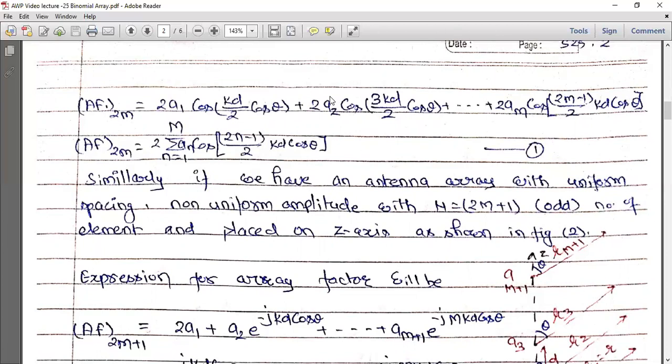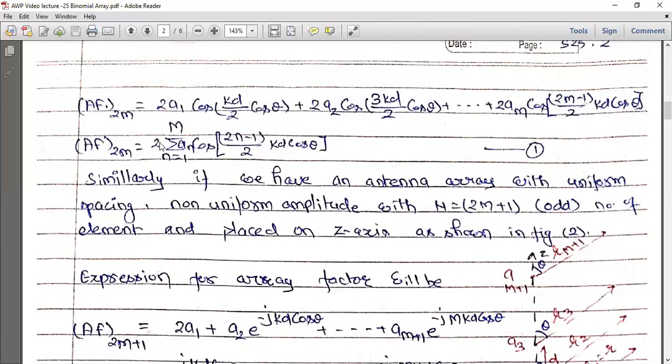the same expression. Now, since 2 is available everywhere in the expression with each and every term, for qualitative analysis, when we think of the normalization of the array factor, we can remove this 2. So later on, when we perform some numerical examples, we will not use this term 2.